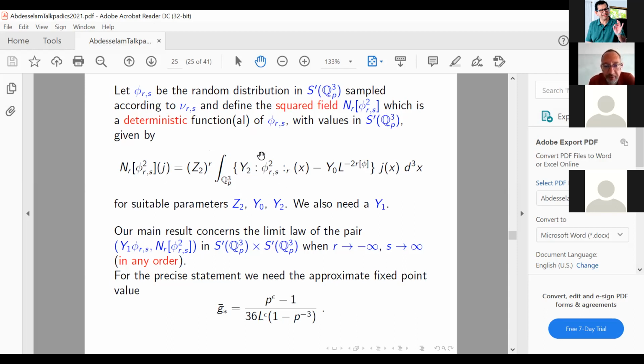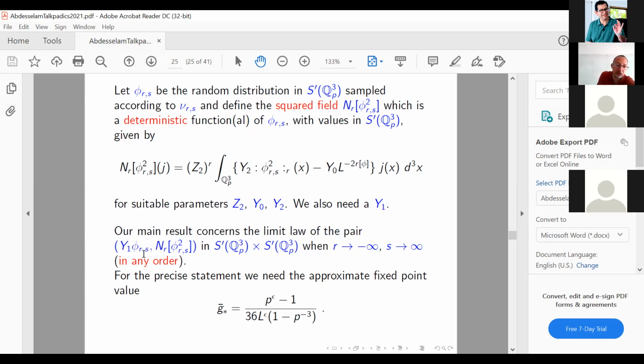I start from the square of the field phi RS minus an additive constant, the one you use for the Gaussian measure, and here is another additive correction. Finally, in front there is a multiplicative renormalization, and this is highly non-trivial. Z2, Y0, Y2 are just constants, which will need to be adjusted in a second. There is also a constant I'm going to use to multiply my original field.